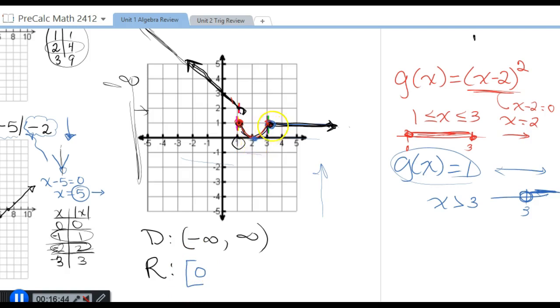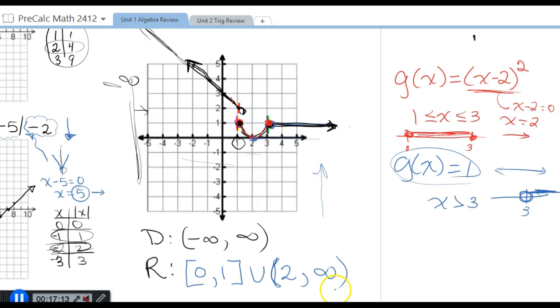It can be any number it wants to be between 0 and 1, so that's good. But when we get to the 1, notice it can be 1, but it cannot be a little bit above the 1. So we're going to say it's equal to 1, and then it's going to start again at 2, but not equal to 2, so that's the reason why we have an open parenthesis. And we're going to have that going on forever and ever and ever. So that goes to infinity.